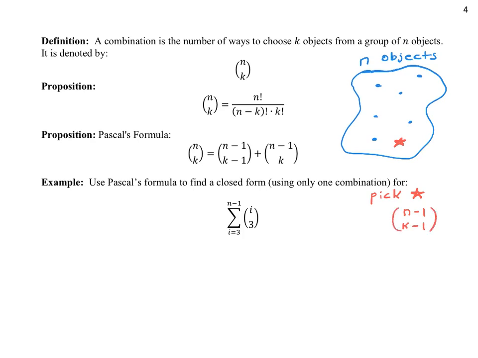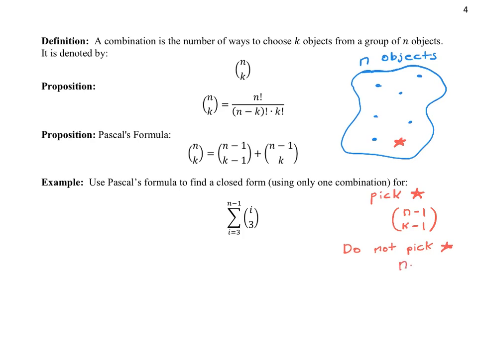And the other way that you could go about this is to say, well, no, wait, I'm going to refuse to pick star. That would be the other option. So do not pick star. If we refuse to pick this one, then out of your n objects, you would still pick k of them from the rest of them, but the rest of them are only n minus 1.